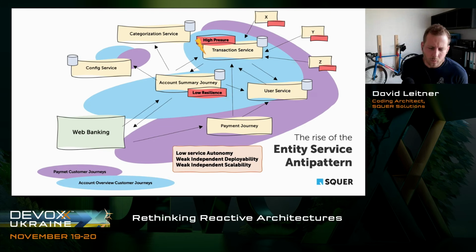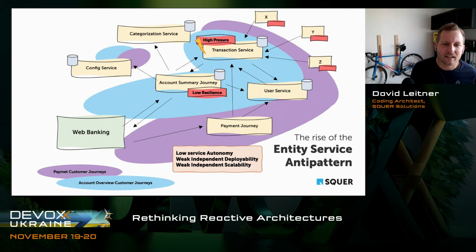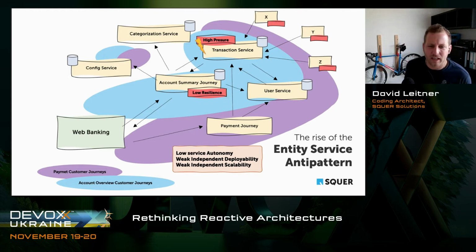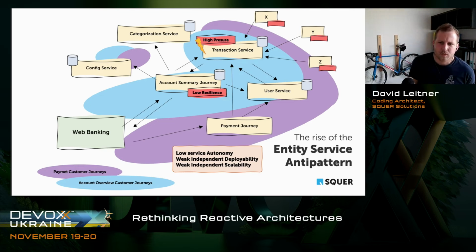So we realized this very fast. I think in 2015, 2016, 2017, people realized it's not clever to build microservice architectures based on entities, and it's also not clever to synchronously integrate all this stuff together. And then, how to solve this issue?